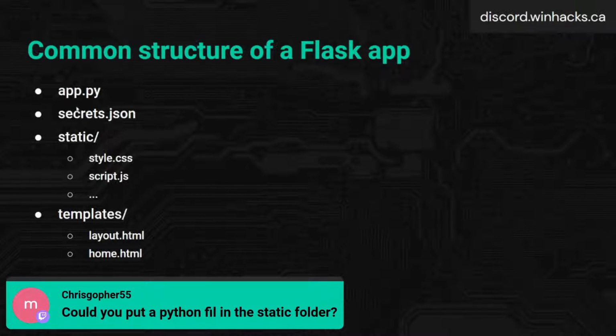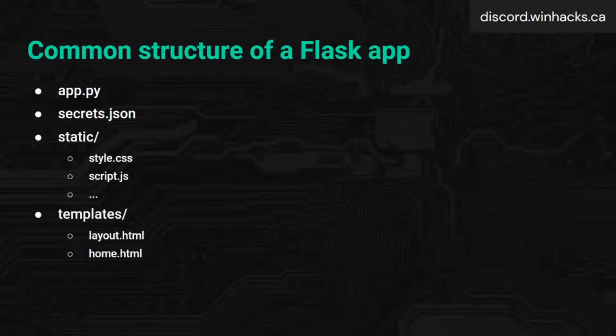But again, you can also just keep your Python files at the base of the folder, and it'll work the same. You wouldn't normally put a Python file in the static folder because that's not what the static folder is for, right? If you want to run the file, you'll put it somewhere else. So that's the common structure of a Flask app.